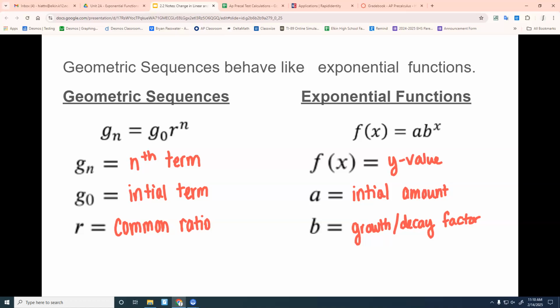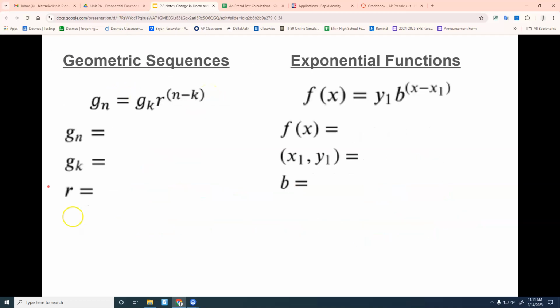So these things, you know, that growth or decay factor directly relates to that common ratio. Your initial term, your initial amount, those are directly related there.